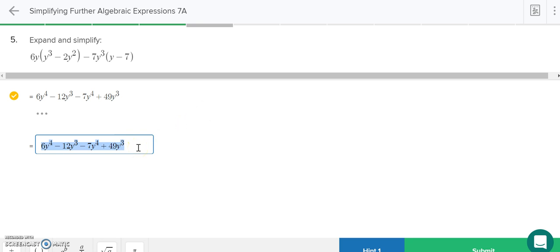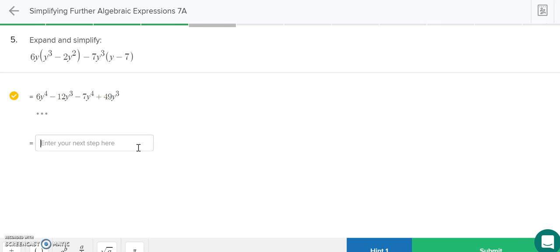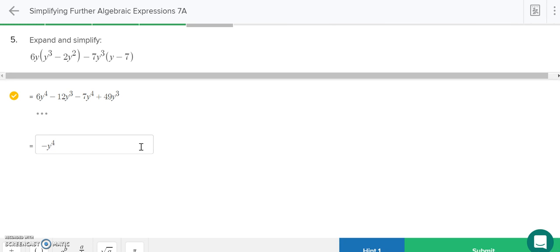Then they obviously want me to think about collecting like terms. Okay, so I'm going to go back to the yellow tick that I've got, and I'm going to collect my like terms. So I've got something to the power of 4 here and here. So 6 take away 7 is minus 1. So I'm going to go minus y to the power of 4. I don't need to write 1.